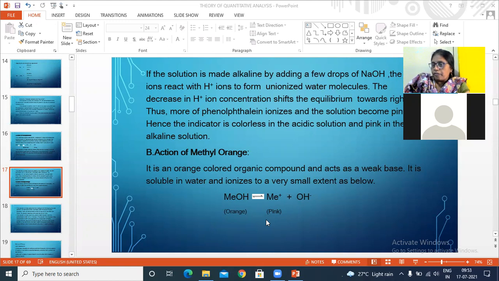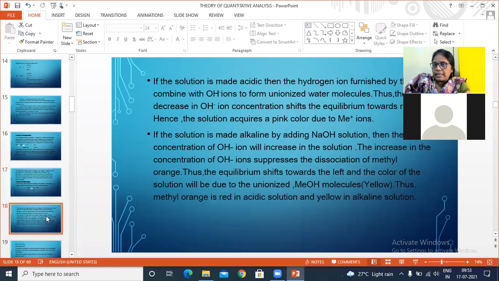Methyl orange is a weak base, so it is ready to liberate OH minus ions. Then when we add H plus ions, or simply when it is in the acidic medium, what will be the color of methyl orange in the acidic medium, and what is the nature of the reaction? Is the forward reaction increasing or decreasing, and does it favor the dissociation of methyl orange? That we have to see.